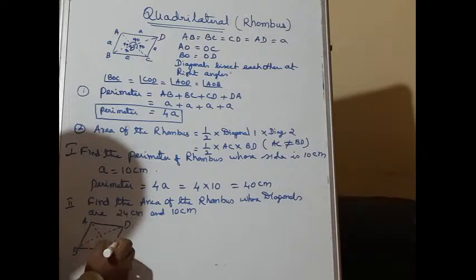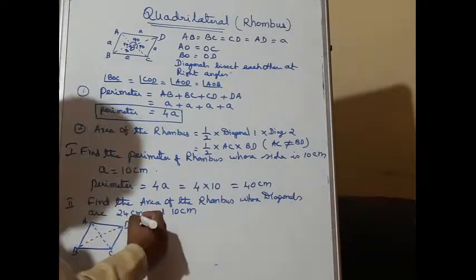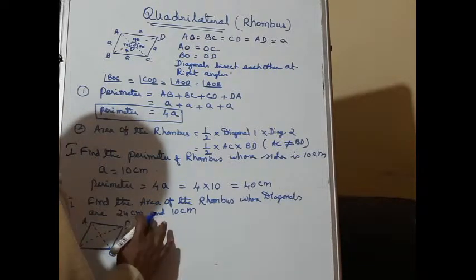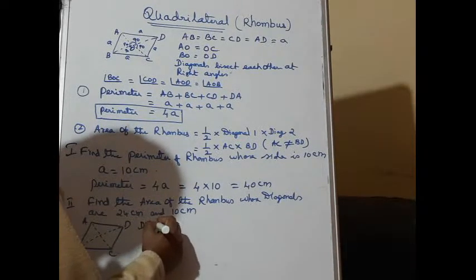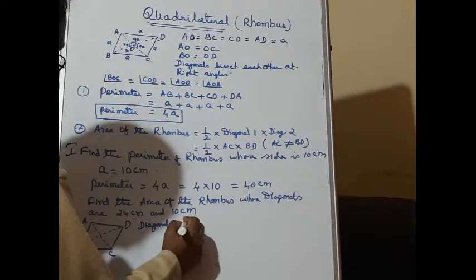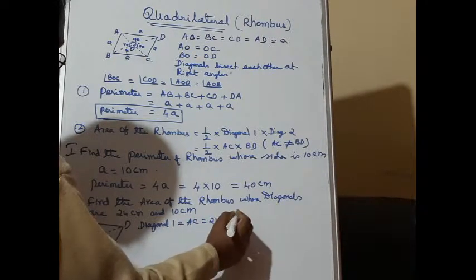Put diagonal 1, AC, equal to 24 centimeters. You must write diagonal 1 fully.